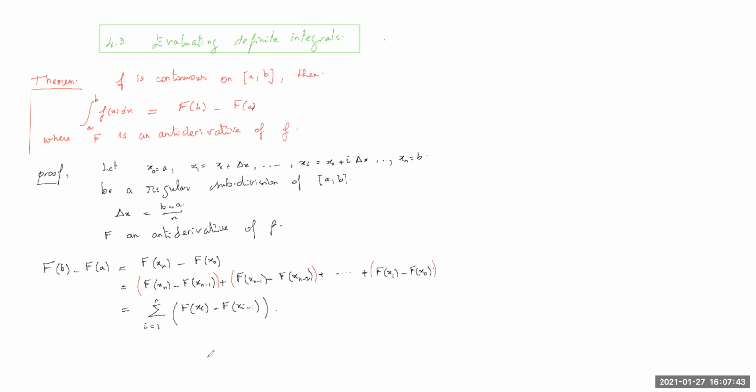Now let's take these differences. Here we want to use something. Remember that capital F is an antiderivative of f, so we have capital F prime equal f. This is the meaning of an antiderivative.